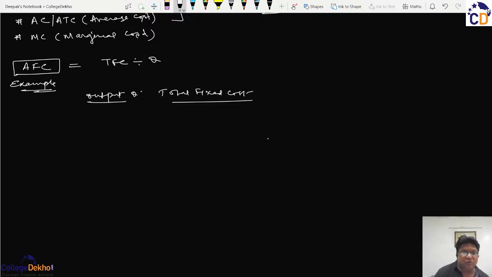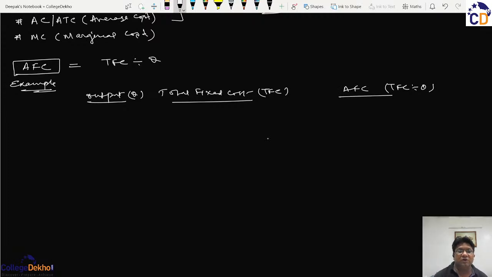So this output is the quantity, this total fixed cost is the TFC, and therefore if we divide this total fixed cost by quantity, we arrive at the figure of average fixed cost.